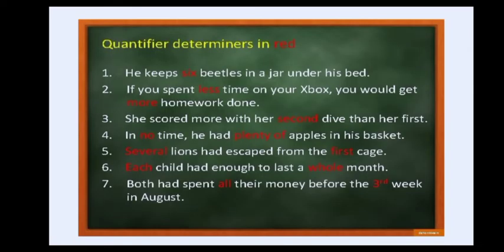Now, the next is your quantifiers. Quantifiers tell you the quantity, that means the amount in which a specific article or object is present. Suppose I say he keeps 6 beetles in a jar under his bed.